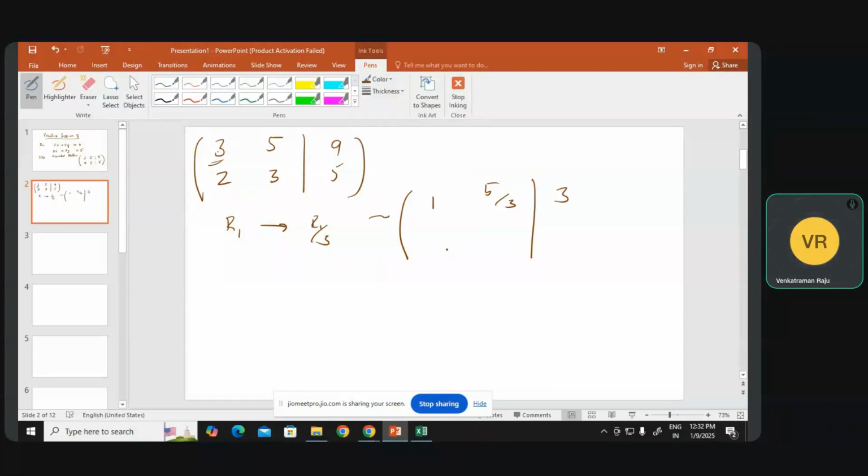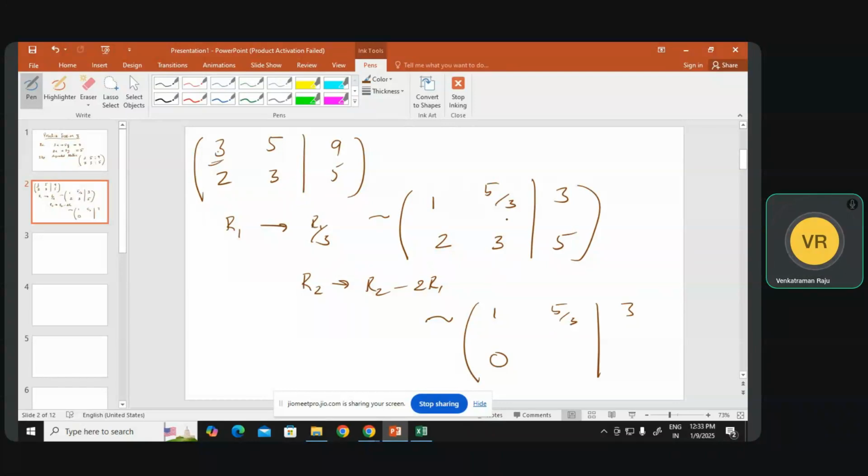Now the second row stays as it is, we don't change anything here. Now using this pivot element, we make the first column 0. So R2 goes to R2 minus 2R1. That leads to, this tilde implies that this row operation leads to 1, 5 by 3, 3, and this becomes 0.